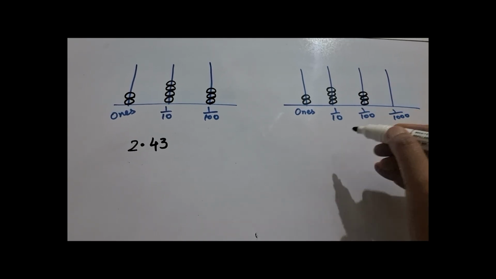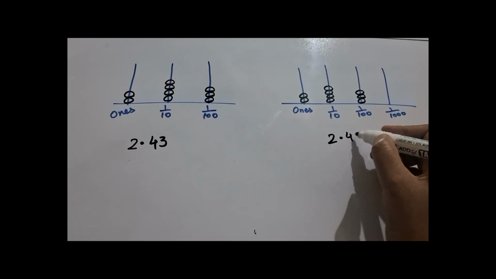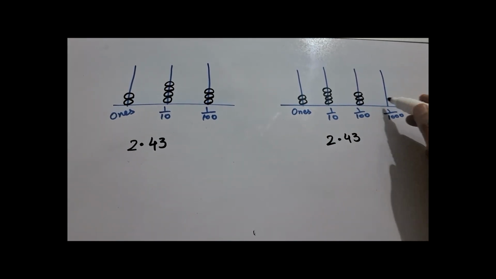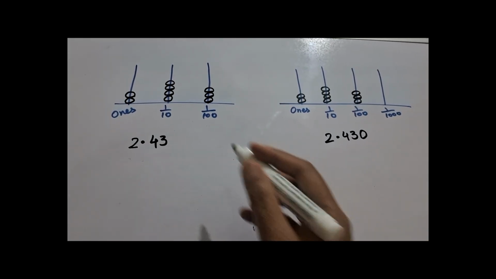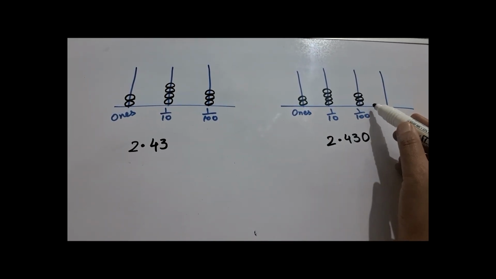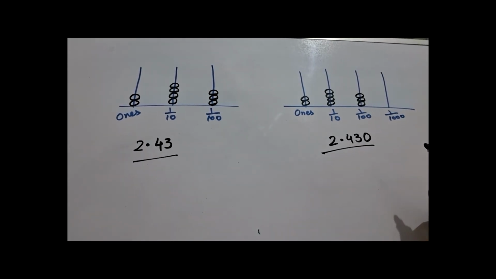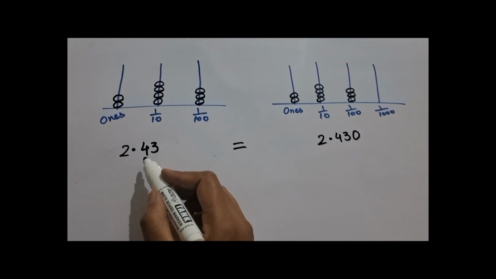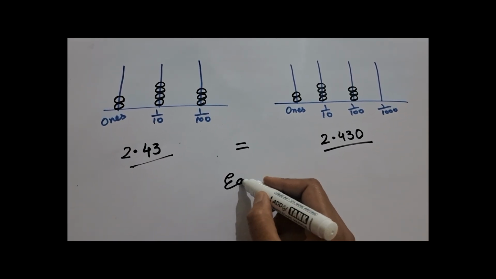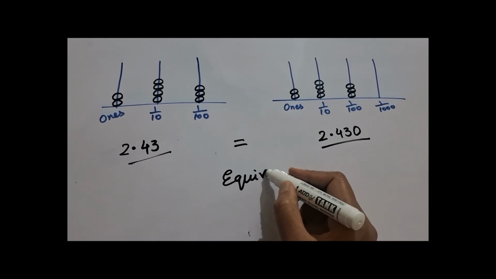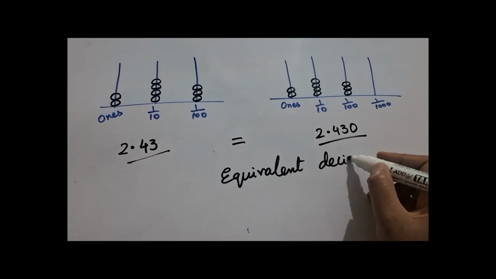So this can also be written as 2.430. Here nothing is there, so here 0 we can put. Okay. The same abacus. In this way also we can write and in this way also we can write. So by this, these decimal numbers are called as equivalent decimals. Equivalent decimal numbers.